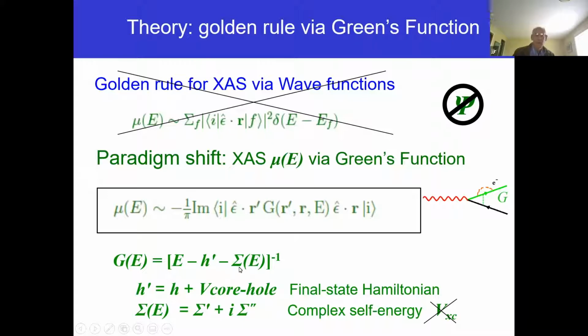So this is complex valued, with a real and imaginary part, unlike density functional theory, which uses a real exchange correlation potential. So sorry, folks, but DFT has to be abandoned when talking about X-ray absorption theory, which is what we will do. So this is our game, the Green's function theory of X-ray spectroscopy.